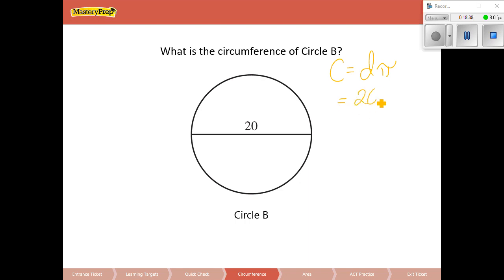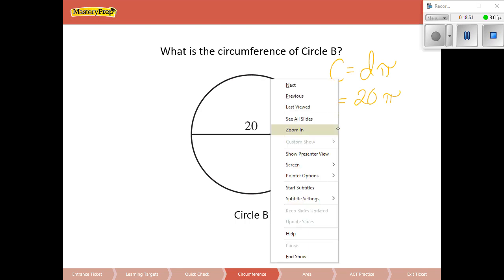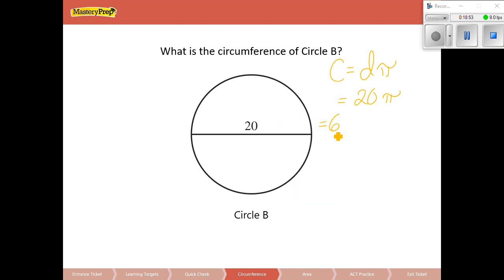If we use diameter times pi, that would be 20 times pi. And if we just use 3.14, it would be 62.8.